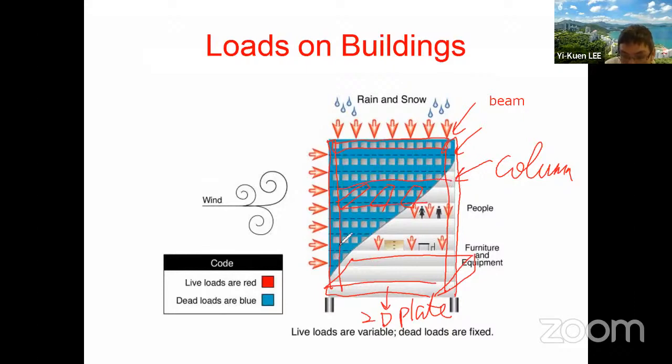Do you understand? So although the building can be very complicated, it can decompose into several one-dimensional structure members or two-dimensional structure members, and then to construct this building. So this is something easy for you.